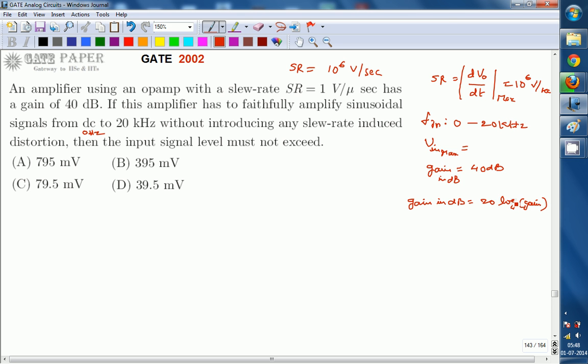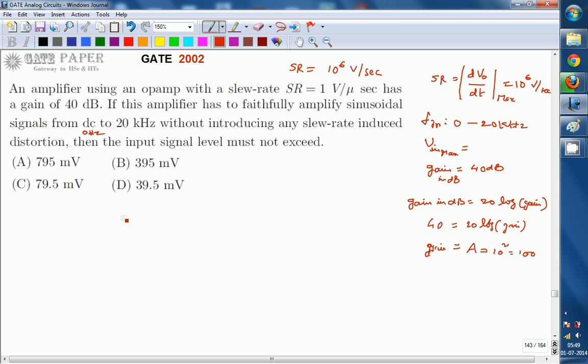By using the same equation, you can convert the gain in decibels to normal decimal form. So 40 decibels is equal to 20 log of gain, and the gain A is 10 power 2, which is 100. So the gain of the operational amplifier in decimal form is 100, whereas it is given as 40 decibels.